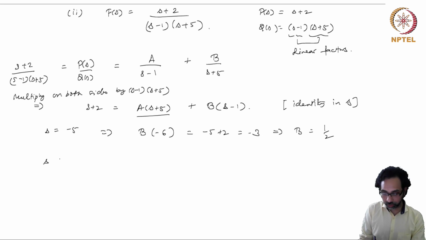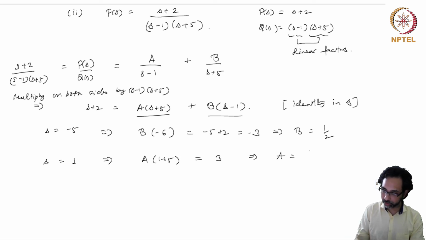And then if you put s equal to 1, then this factor goes away and you will get A times 1 plus 5 equals 3, which implies that A equals half again. So both A and B are half. So this implies that L inverse of our given function F(s) is half times exponential. So we have two constants here.